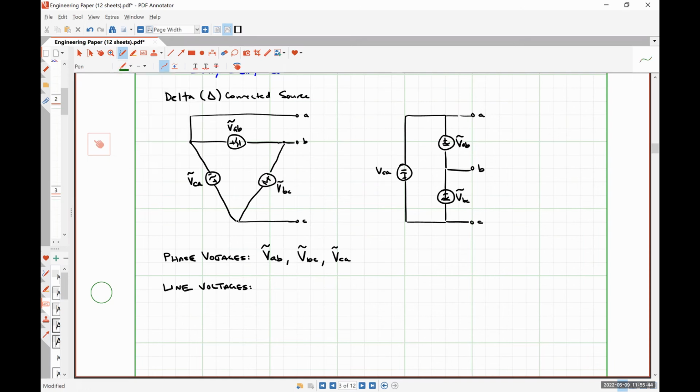What about my line voltages? So line voltages are simply the voltages measured between the transmission line terminals. Any thoughts? They're going to be exactly identical.